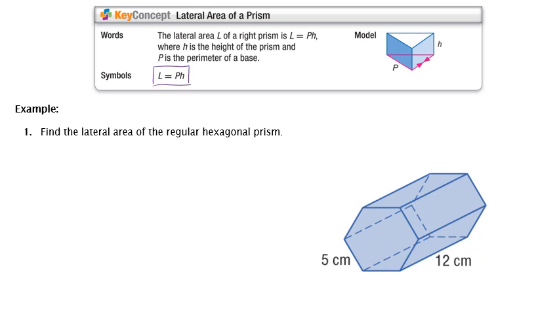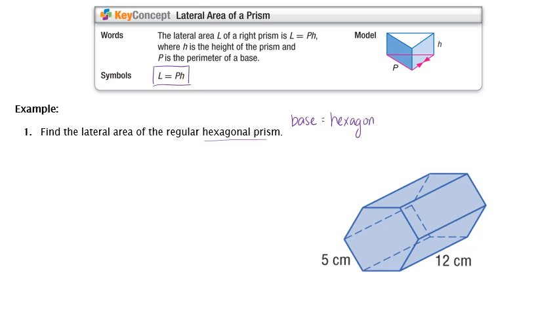So we're going to find the lateral area of this regular hexagonal prism. Again, the term hexagonal prism tells us the base is a hexagon. Keep an eye out for the terms we're working with, because that will reveal a lot about what we're doing.